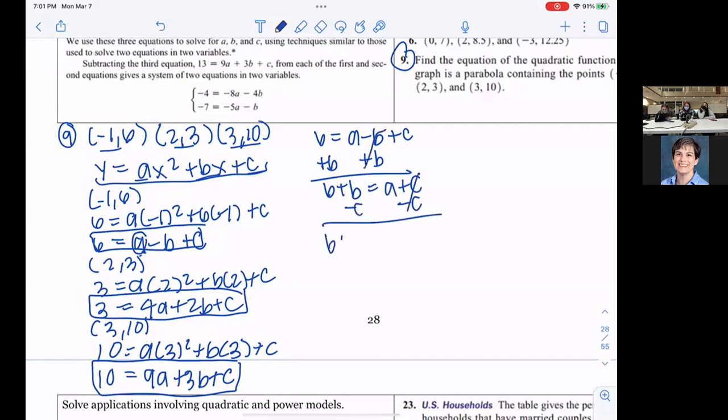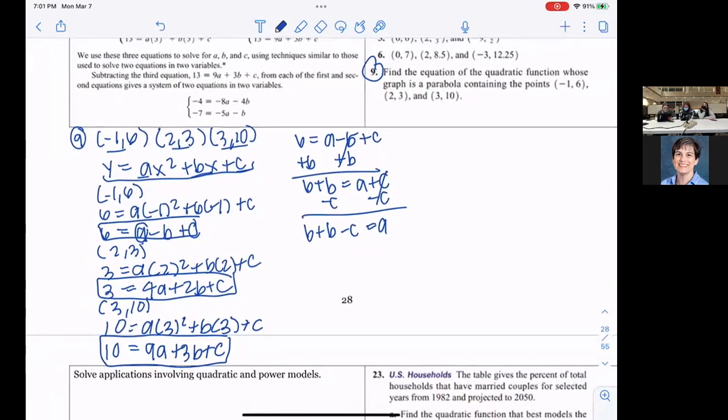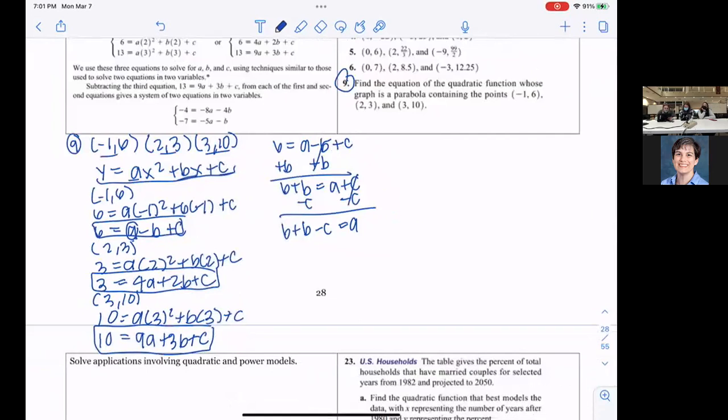And so we're gonna have 6 plus B minus C equals A.